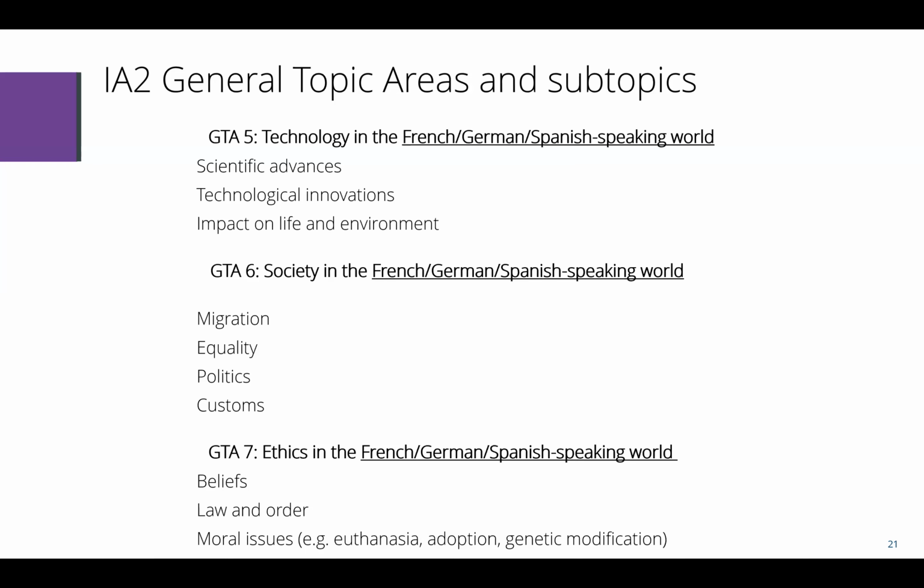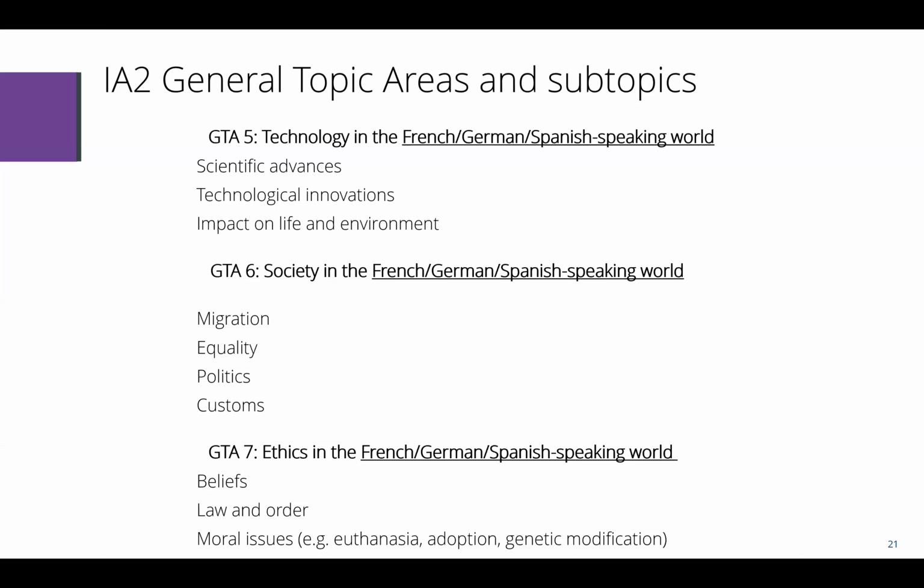This is then a general discussion. So at this point they wouldn't necessarily know statistics on it, because it's just a general thing. But if we talk about migration, and it's about France, then they would need to be focused on the French-speaking world.